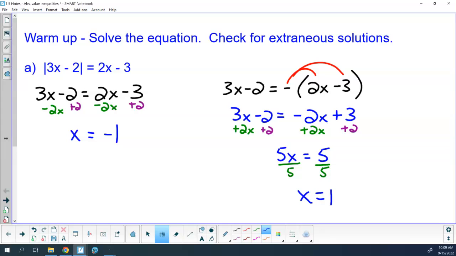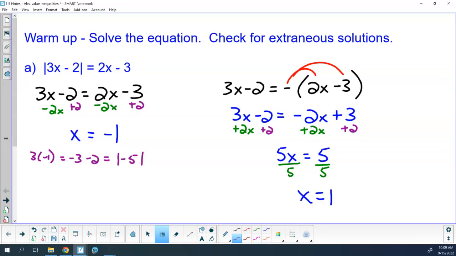4 very important words up on the board: check for extraneous solutions. Let's do that now. If I plug in negative 1 here, I would have 3 times negative 1, which would be negative 3. Negative 3 minus 2 is negative 5.